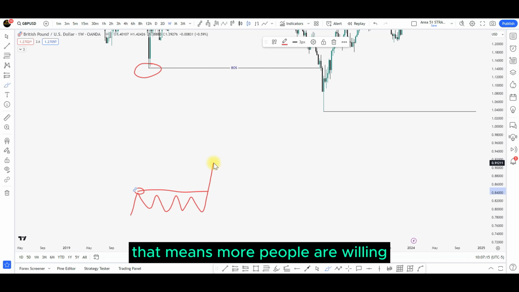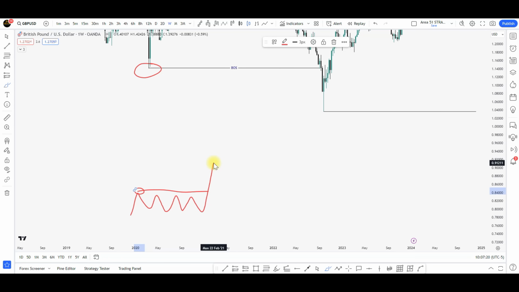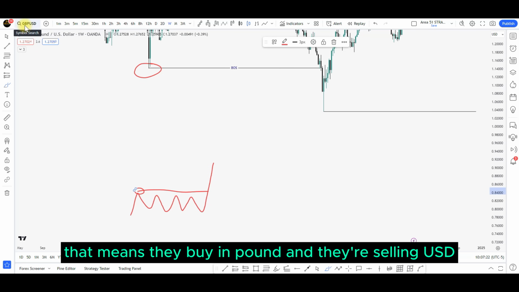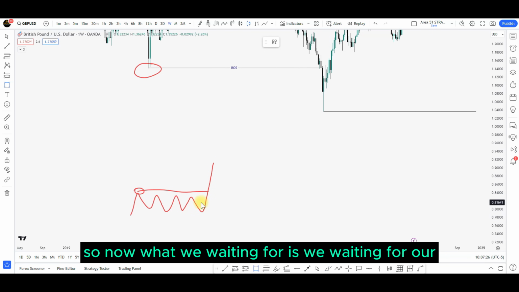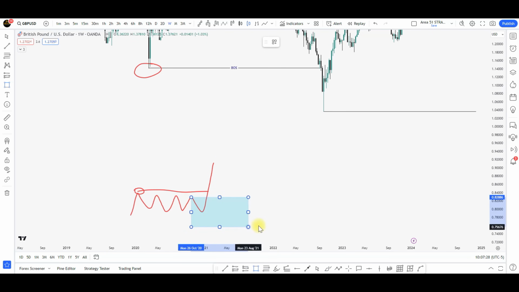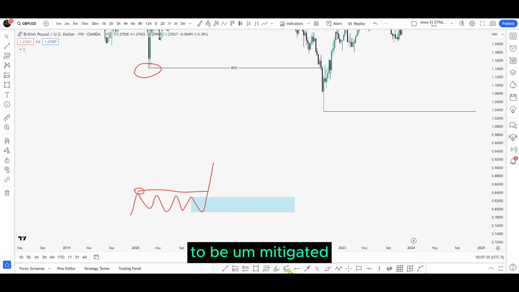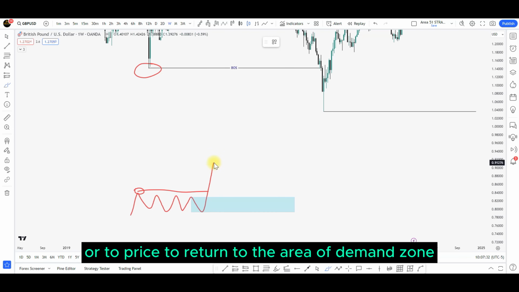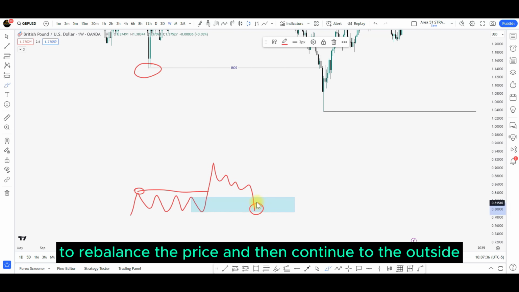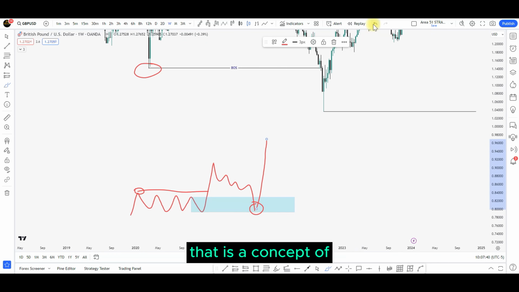That means more people are willing to buy this pair. If they buy Pound USD, that means they buy pound and they're selling USD. So now we're waiting for our demand zone to be mitigated, for price to return to the area of the demand zone to rebalance the price and then continue to the upside. That is the concept of a demand zone.